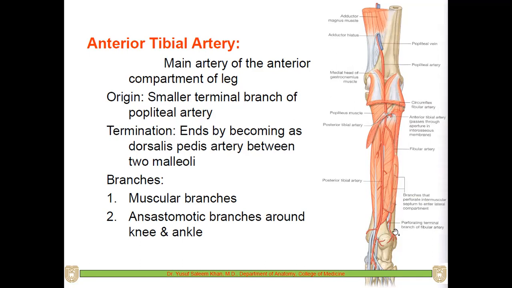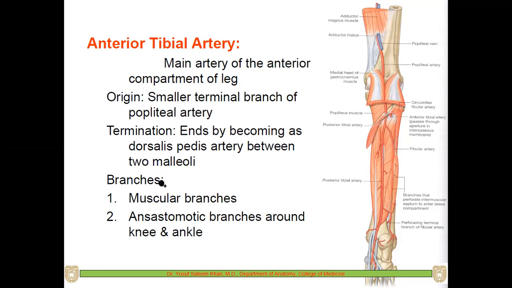Later I will show you how it goes in the front, over the dorsum of the foot, and becomes the dorsalis pedis artery between the two malleoli, lateral and medial.